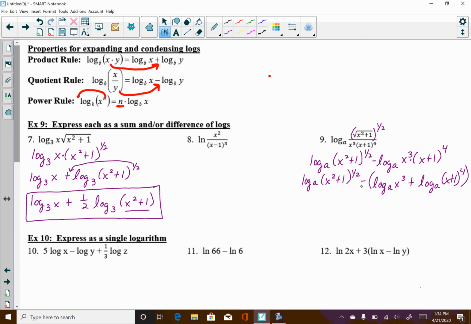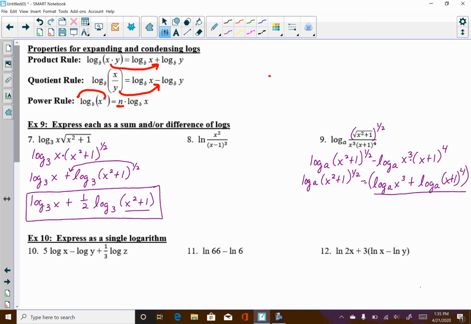I put that minus sign in front of that whole piece there because if you remember, this entire piece has to be in the denominator. And so if you don't have the parentheses, then if you think about working backwards, it's not going to put both of those pieces in the denominator.